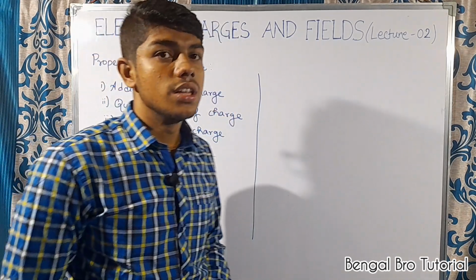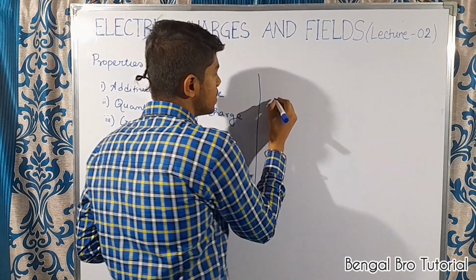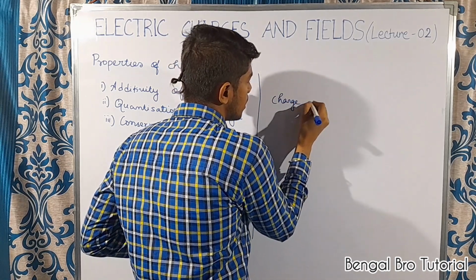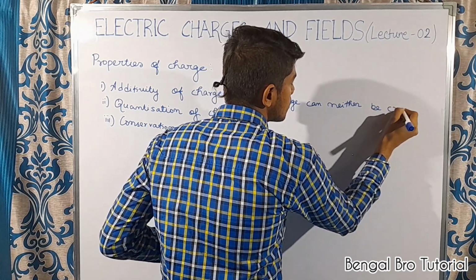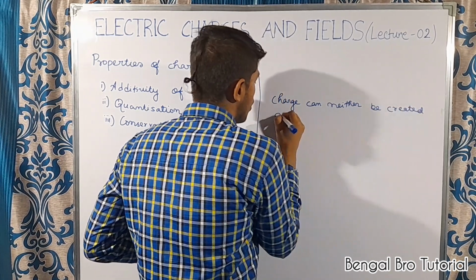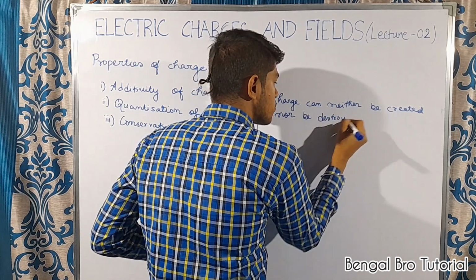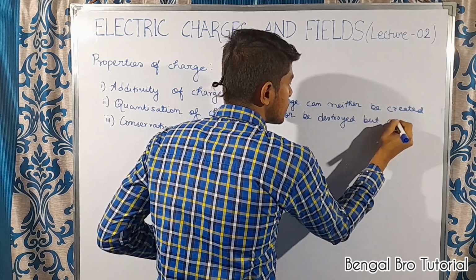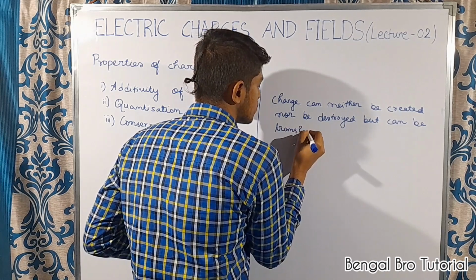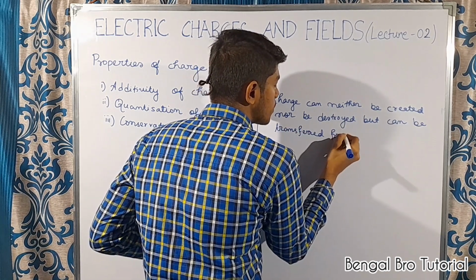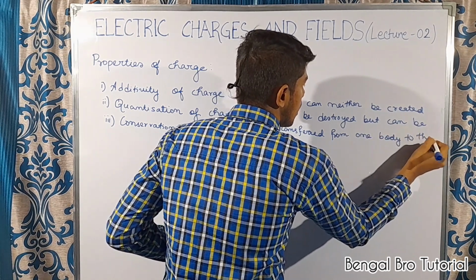According to this property, the total charge of an isolated system is conserved, which means that charge can neither be created nor be destroyed, but can be transferred from one body to the other.